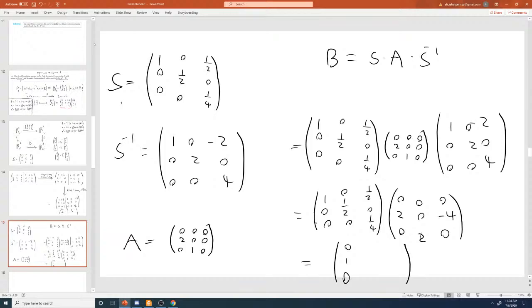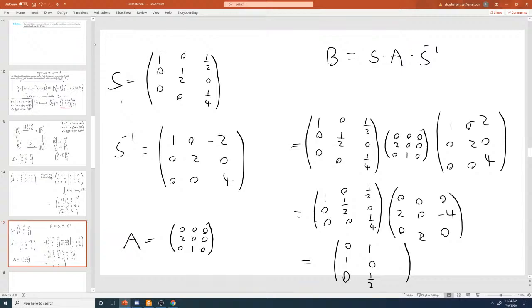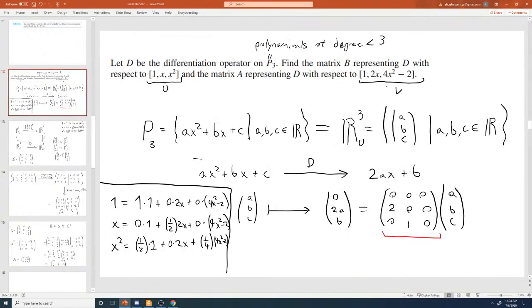So I get 1, 0, 1/2, and then I multiply this column with each of these rows, and I get -2 and 0, 0 here. And this completes the computation. And it tells me exactly how I can represent my differentiation operator with respect to this basis.